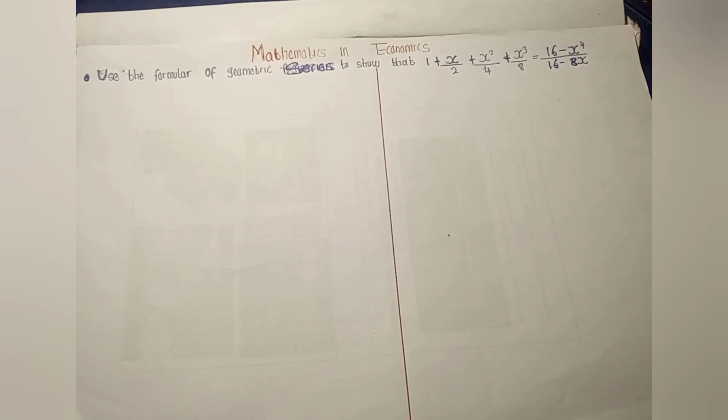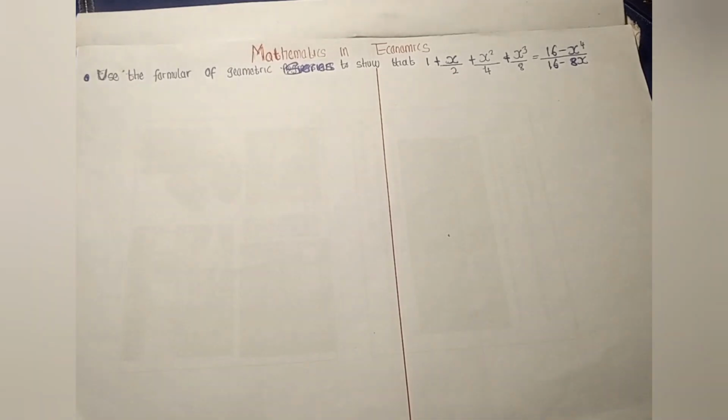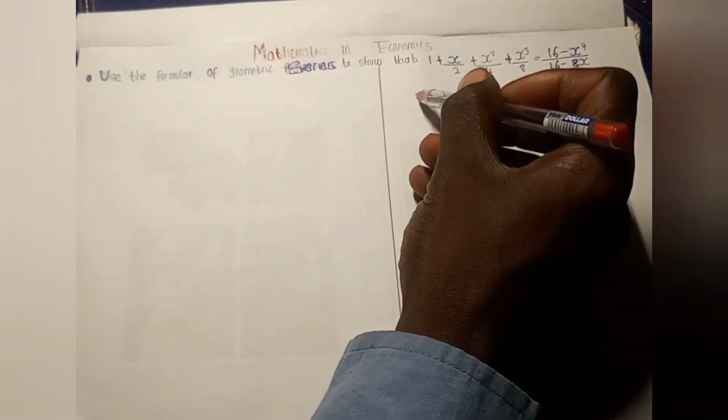If you look at this question, you will realize that you'll be using the sum of the nth term of a geometric series. Let me put down the formula that we use.